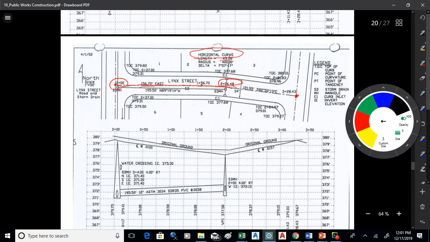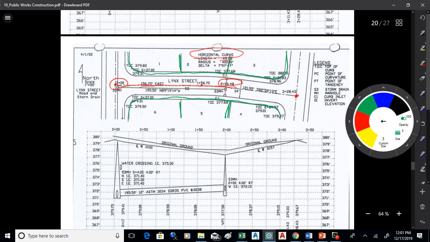Now we've got a number of other lines here too. We've got the lot lines, which are usually the furthest lines out. Not always, but typically they are. So this is the private property that people own, and I'm outlining that right now. On the outside of that, we've got where people's property is.